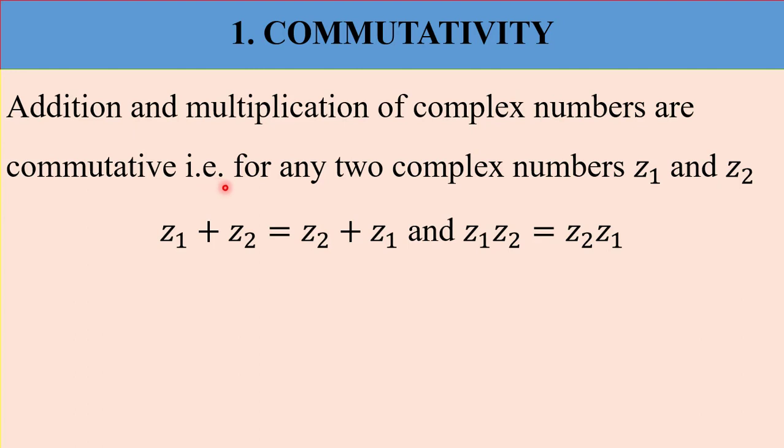That is to say, for any two complex numbers z1 and z2, z1 plus z2 is equal to z2 plus z1. So for the two complex numbers to be commutative, this equation must be true. And also for multiplication, z1 times z2 must be equal to z2 times z1.